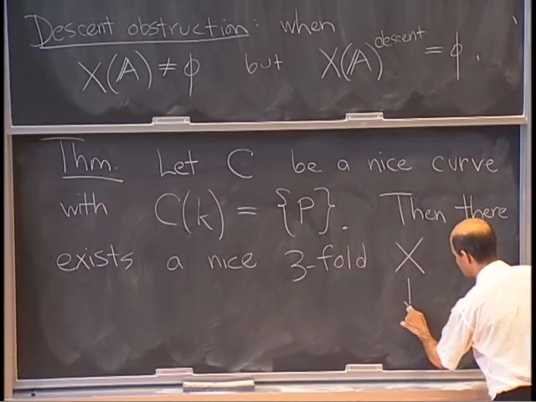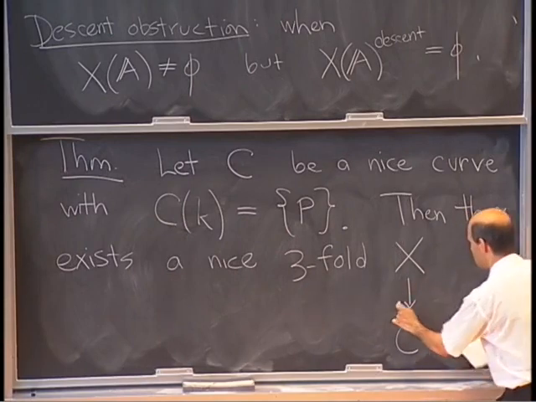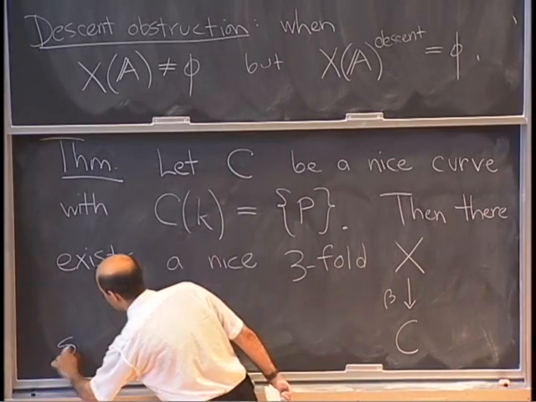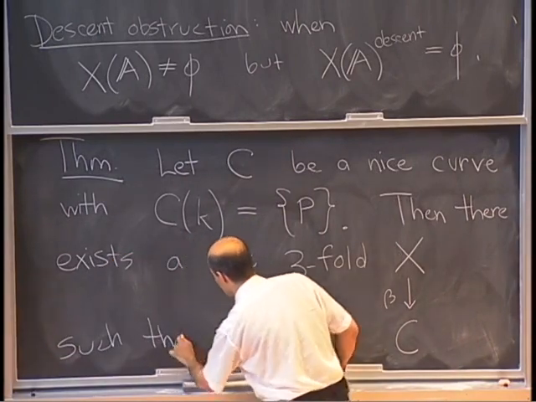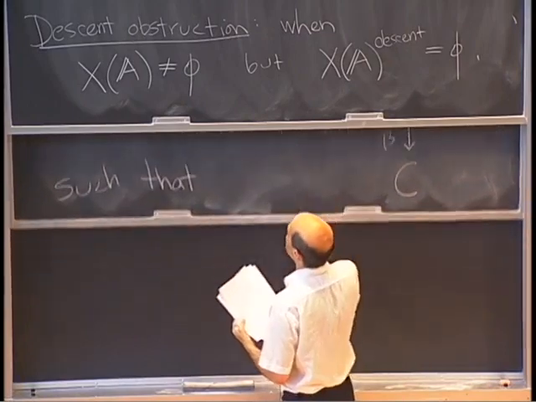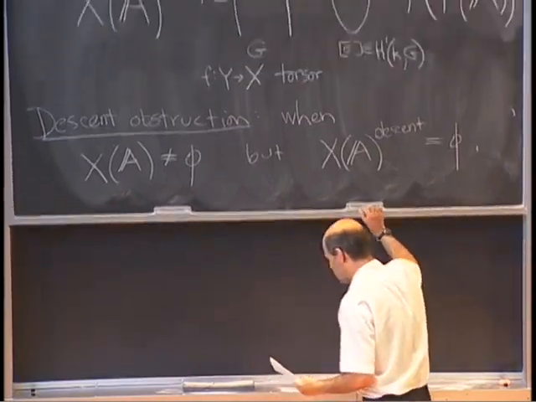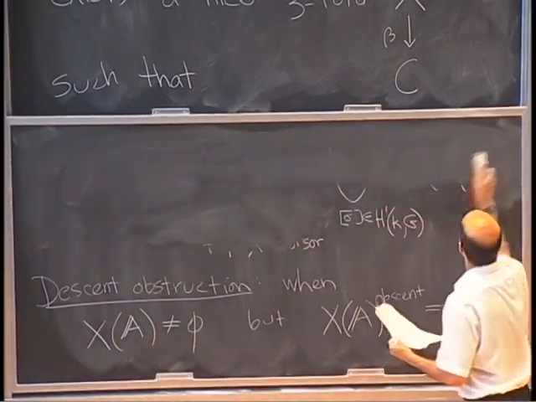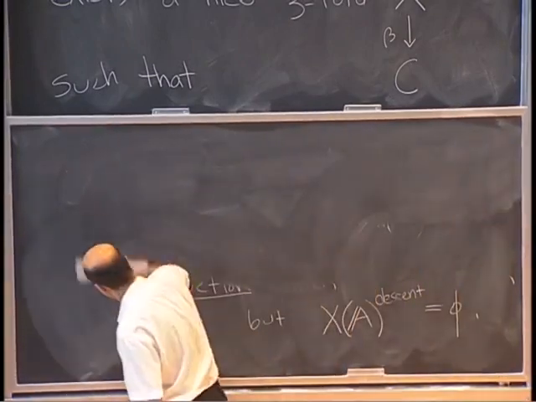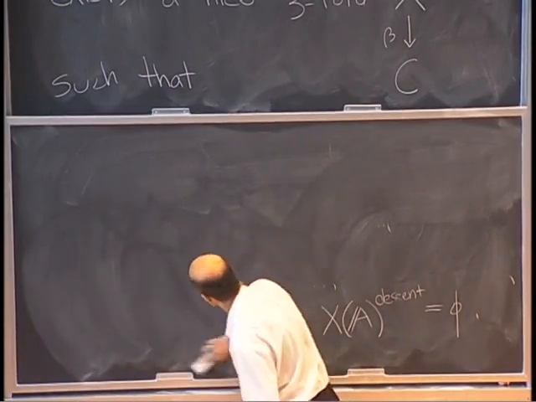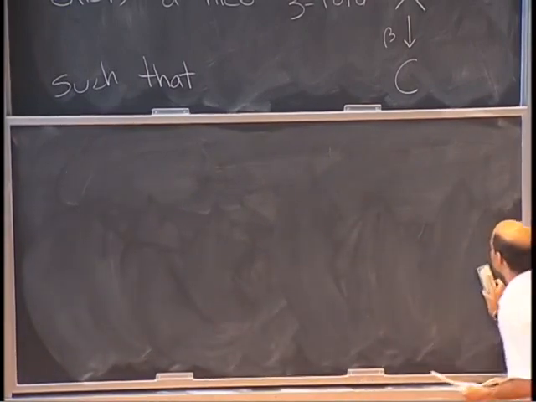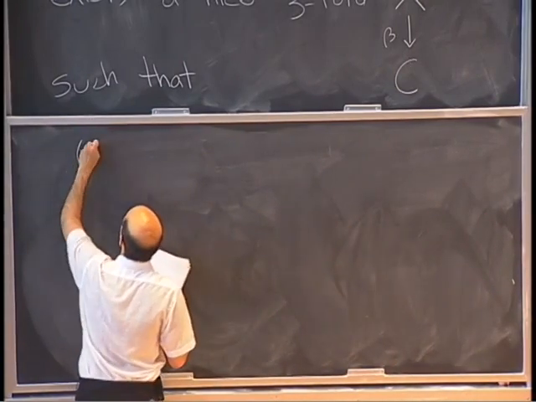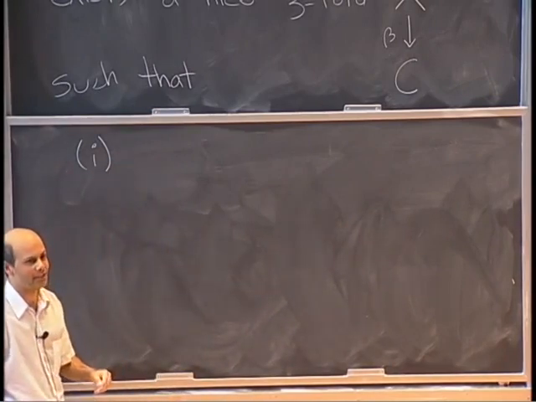So X is going to have a morphism down to C, some beta here, such that, okay, first of all, I need some way to make sure that X doesn't have any rational points.